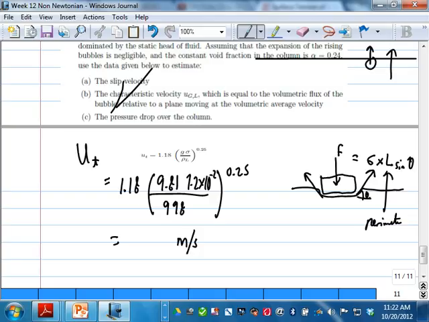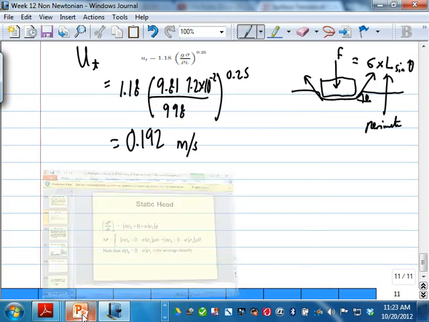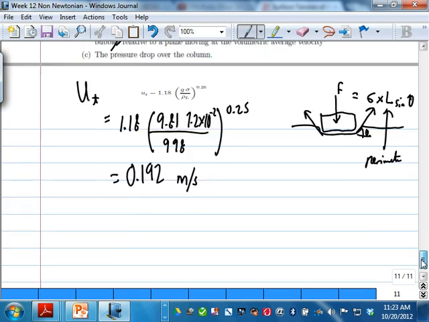What's the answer? 0.19. Okay, bubbles rise quite slowly. Where's the question?